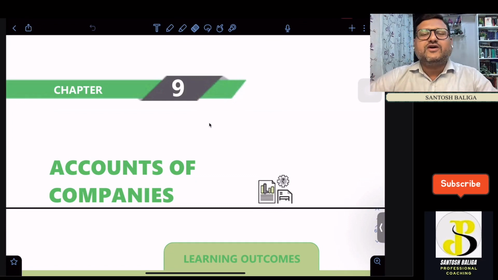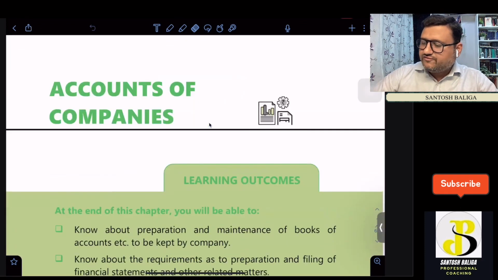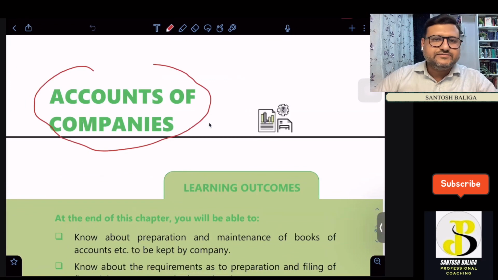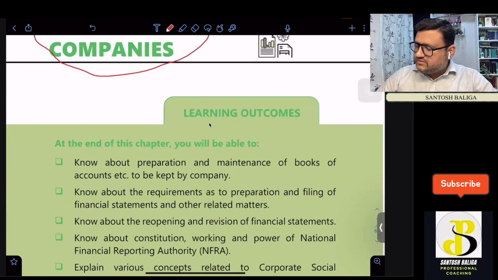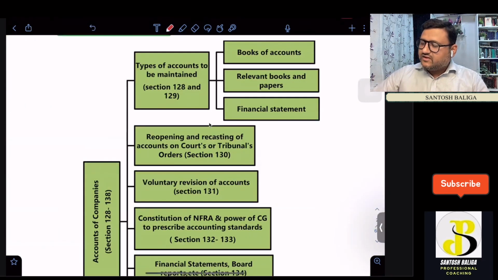Today, in this lecture, we are going to cover a part of section 134 which was remaining from the last lecture, which was director's responsibility statement. But before that, let's look into what all topics we have covered from this chapter of accounts of company. Section 128 and section 129, which is types of accounts to be maintained, have already been covered, and all three topics under this particular section have been uploaded on the channel itself.